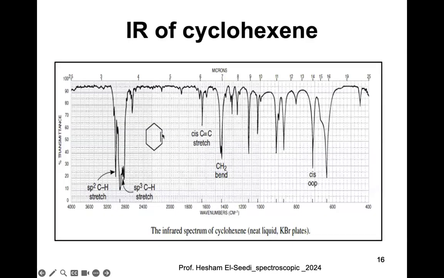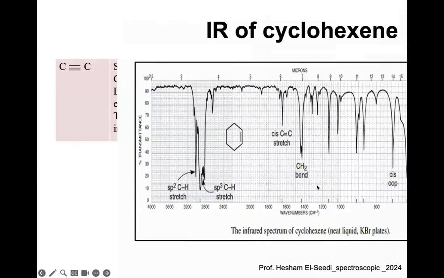Let us take an example like this peak. You will see CH stretching here, CH2 at 1,400, C double bond C at 1,600, right? And it is out of plane bending, again, you will see the four types of peak. I think it is easy now, right?